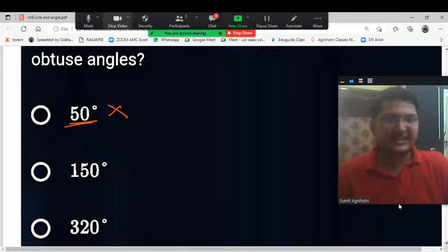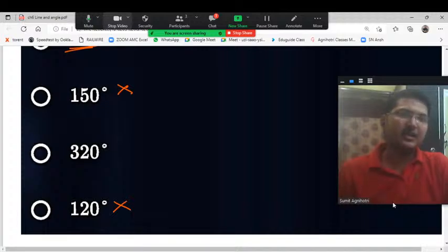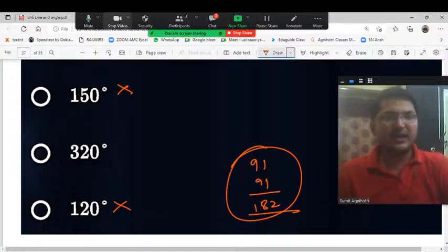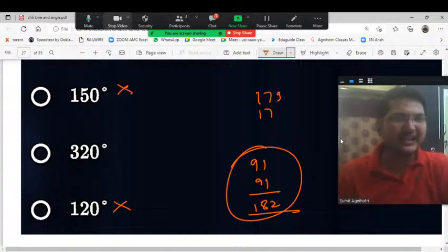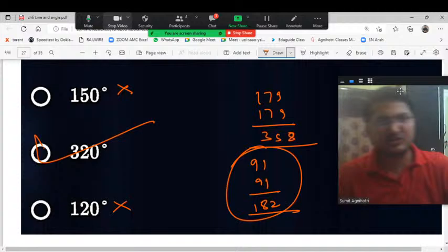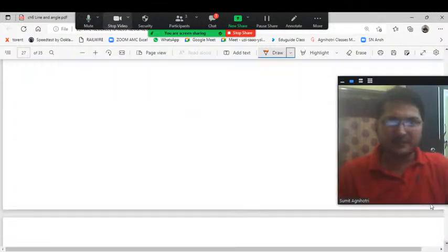You can't get 150 or 120 either, because if each is at least 91, you will get 182. If it is exactly 179, you will get 358. Here 320 is your choice. That will be the sum of two obtuse angles. Got it? Yes, sir.